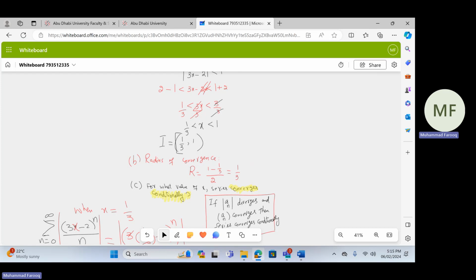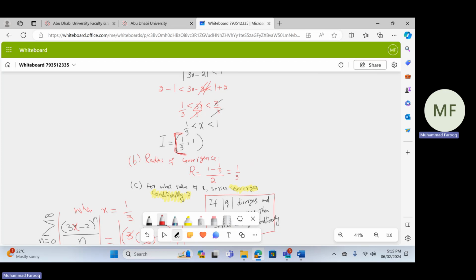We have three kinds of intervals: open, closed, and half open. So in our answer, in I, we are getting a half open interval. That's it, we get the final answer.